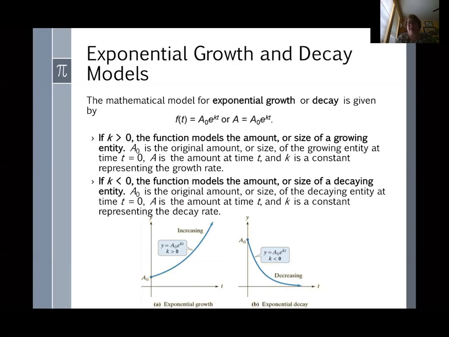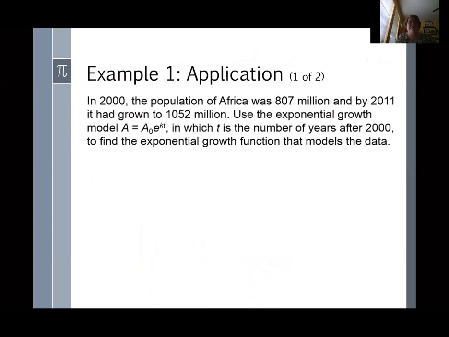Let's look at an example. In 2000, the population of Africa was 807 million, and by 2011, it had grown to 1,052 million. Now let's pause a second.